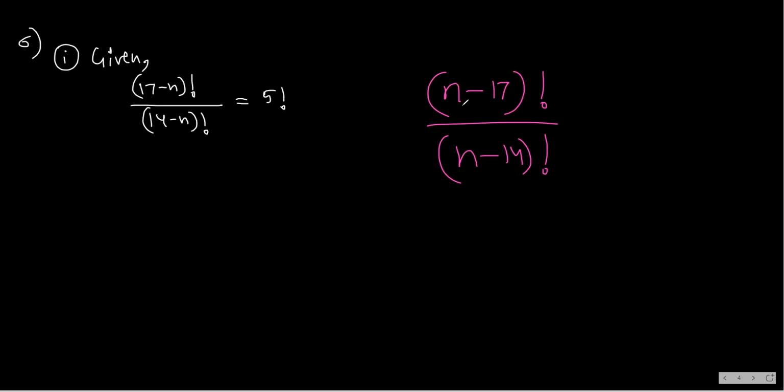So when you have n minus 17 and n minus 14, then n minus 14 becomes the bigger number, because when you subtract 14 from n, what you get is definitely more than n minus 17.